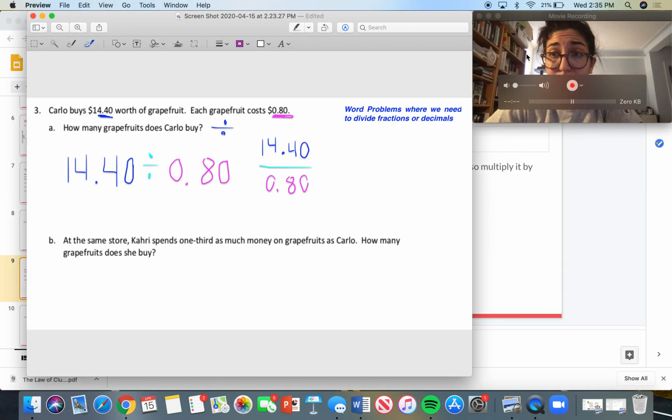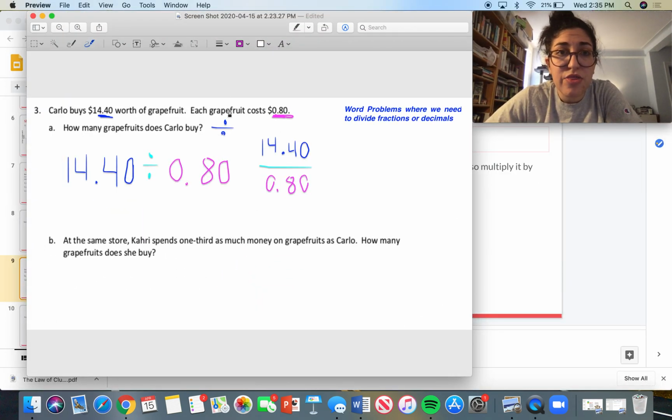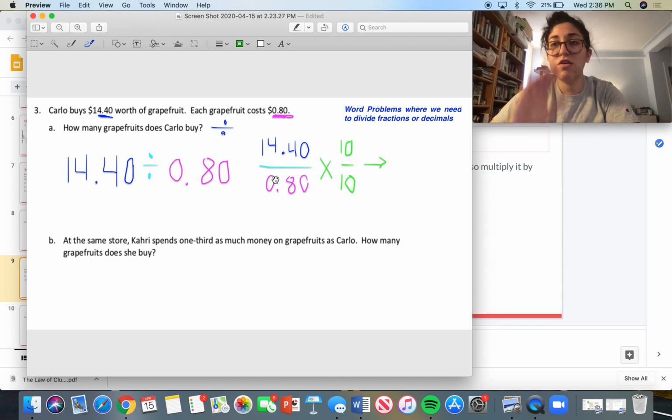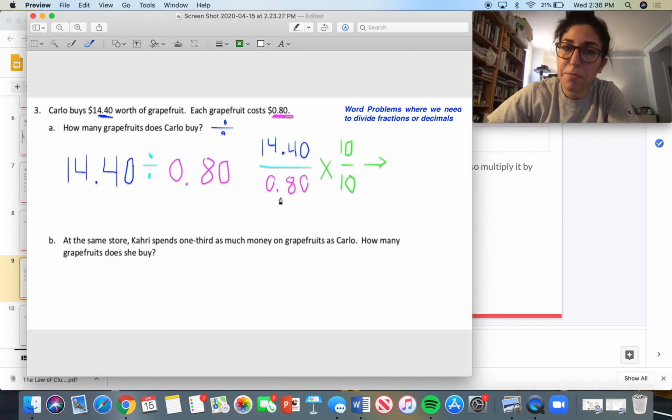But if I multiply by 10/10, and I'm going to make that another color, so I'm going to multiply this by 1 whole, and again, that 1 whole is going to look like 10 over 10. Well, we've talked about when we multiply a decimal by 10, then what we're doing is really moving it 1 over on the place value chart.